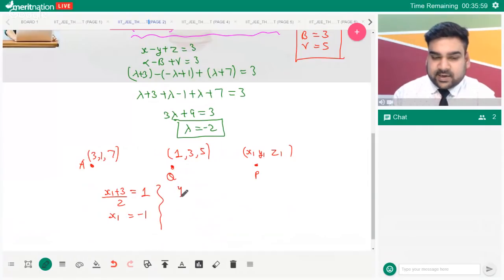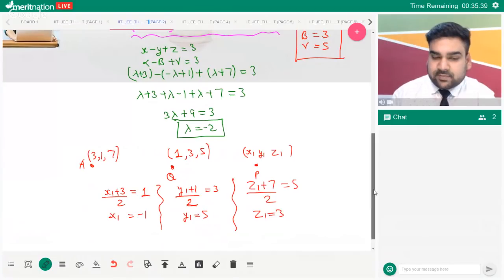Similarly, I can write that y1 plus 1 by 2 is equal to 3. So what will be the value of y1? Y1 you will see will be equal to 6 minus 1, 5. And similarly, z1 plus 7 by 2 is equal to 5. What will be the value of z1? Z1 will be equal to 3.